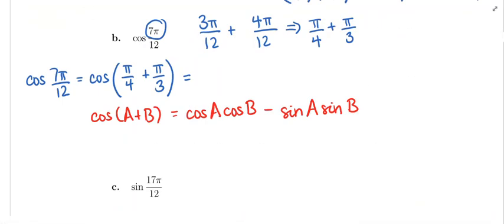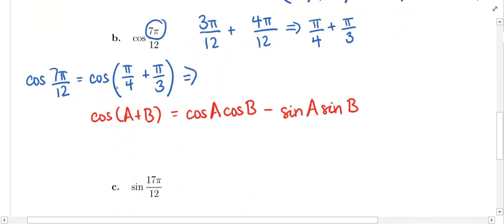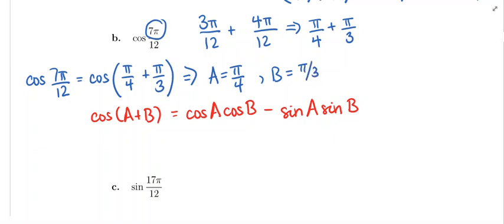All right, so if I line up these two statements on the left of the equal sign here, pi over 4 is going to be my A value, and B is going to be the pi over 3. So I just need to plug these guys in.